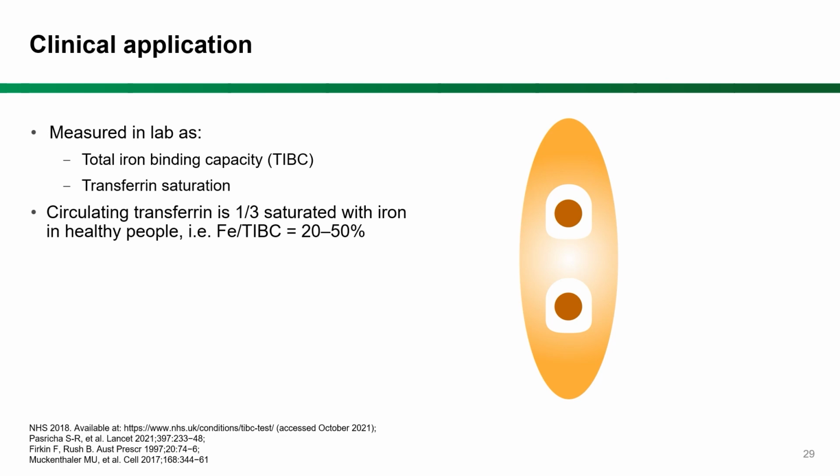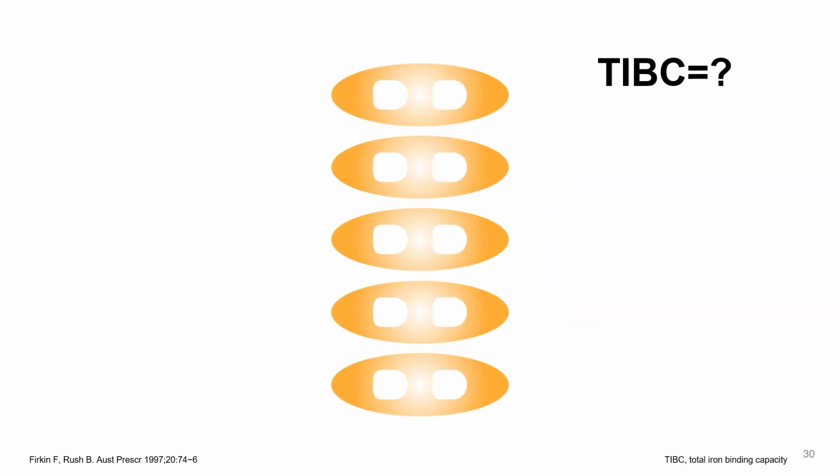So let's start with an example. Imagine that you've got 5 of these canoes, each with 2 little seats. Question is, what is the total iron binding capacity? Well, there are 10 seats. So the capacity of the transport system to carry iron passengers is 10.